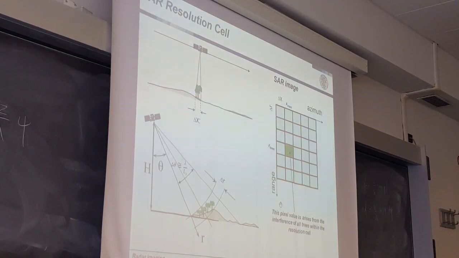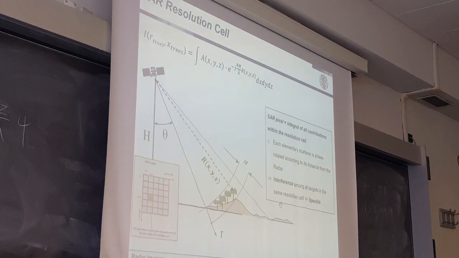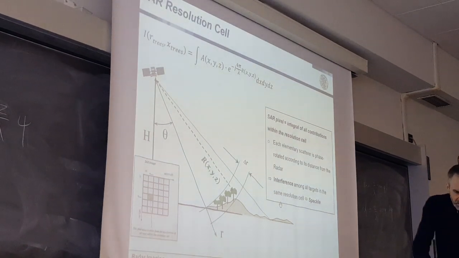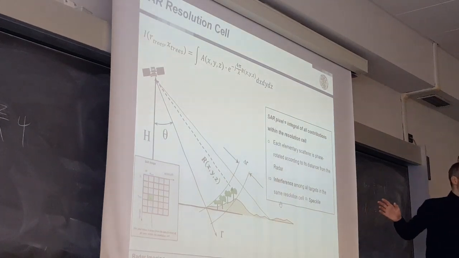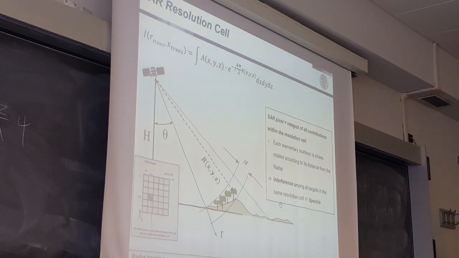In this other pixel, you are sensitive to the interference of all the trees together. This is more or less it. I have about 20 or 30 more slides, but I have the feeling that I'm going too fast. Any questions?